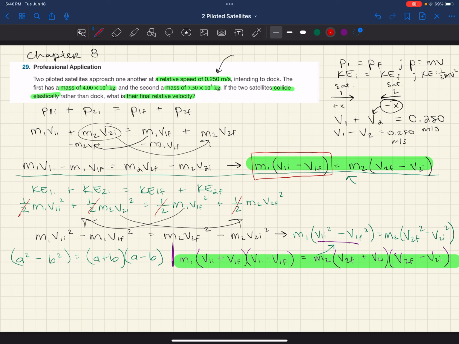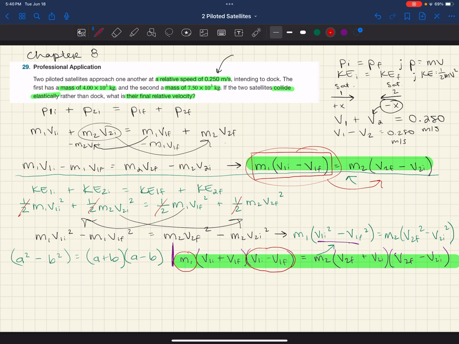If I look, I have m1 being multiplied by v1 initial minus v1 final. So knowing that, I could just substitute what m1 v1 initial minus v1 final is equal to. Because I know that this term is equal to m2 multiplied by v2f minus v2 initial, I could just substitute that and continue working the problem.